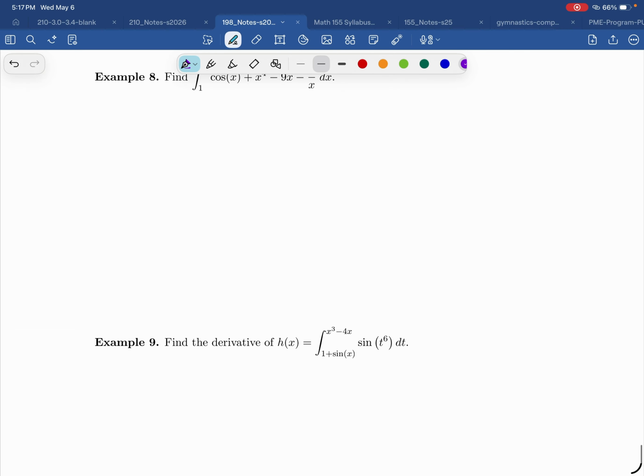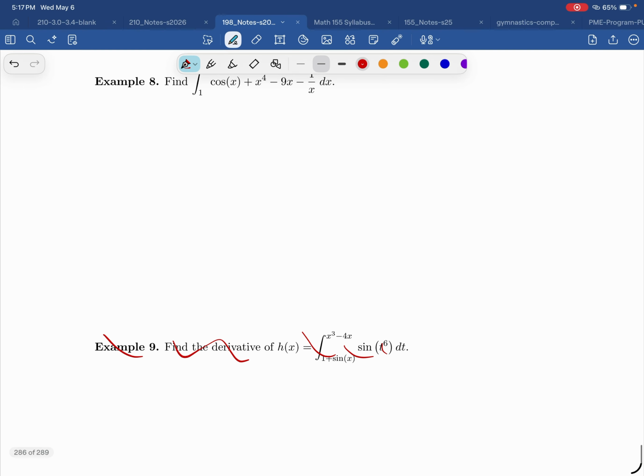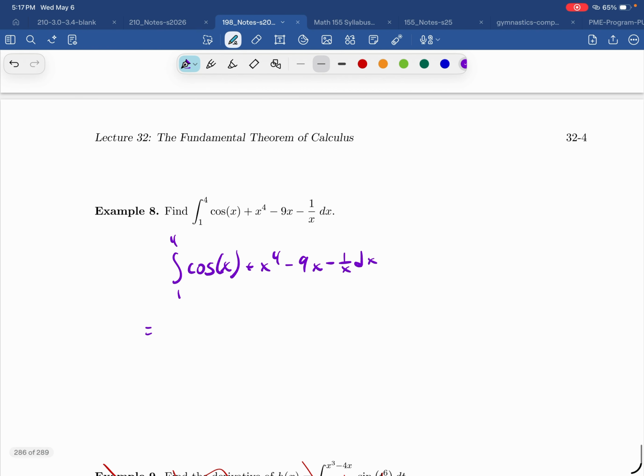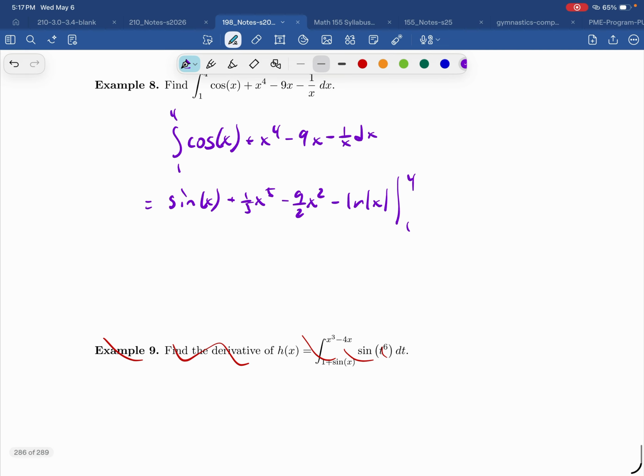One more example here. We won't do this example, that's a little too complicated. For this example, all we're going to do is antidifferentiate, plug in the bounds. Pause the video, see if you can do it. We know the antiderivative of each of these terms. And we just plug in our bounds.